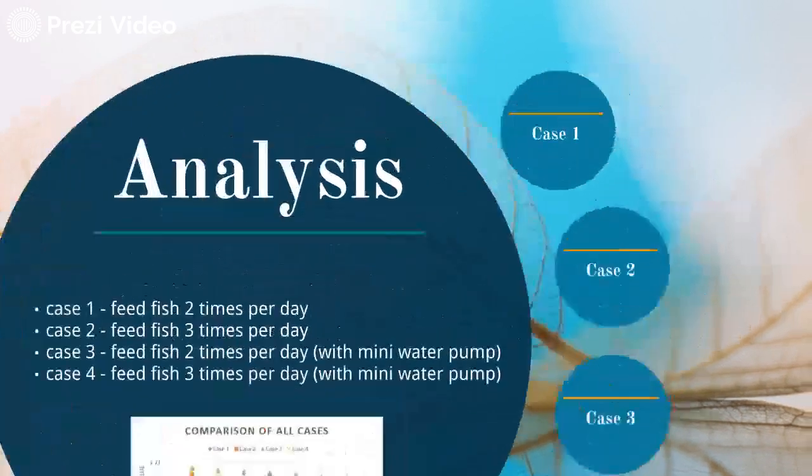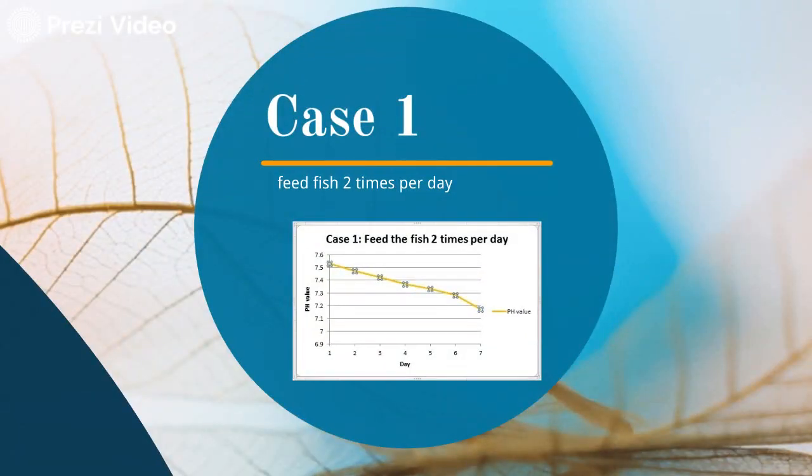We look at the first one, case 1. The value drops when feeding fish 2 times per day, which is early morning and at night. The value drops slowly from 7.5 and below after 7 days.